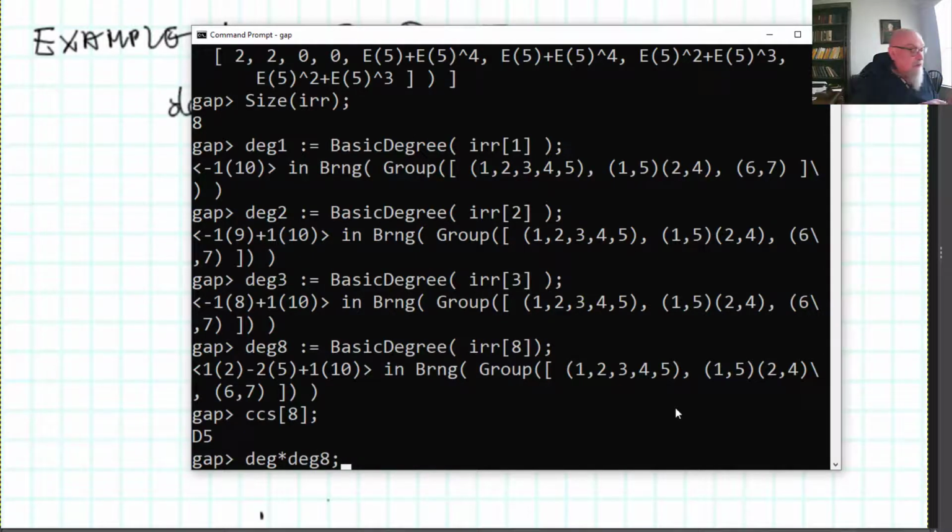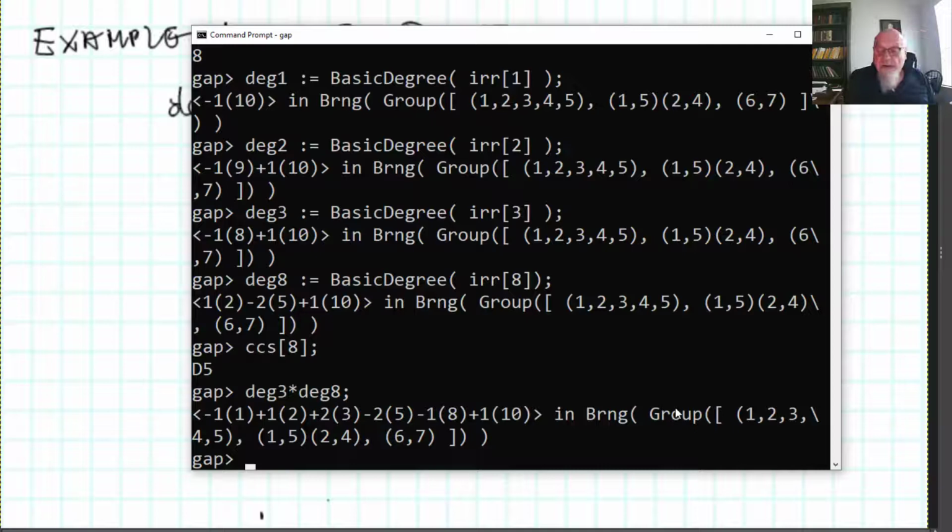Those are the elements of the Burnside ring. Multiplication. Yeah, it's slow. And we got the product. If you want to know exactly what the group is, just write CCS and 1, 2, 3, 5, 8, 10, and you will know exactly what it is.